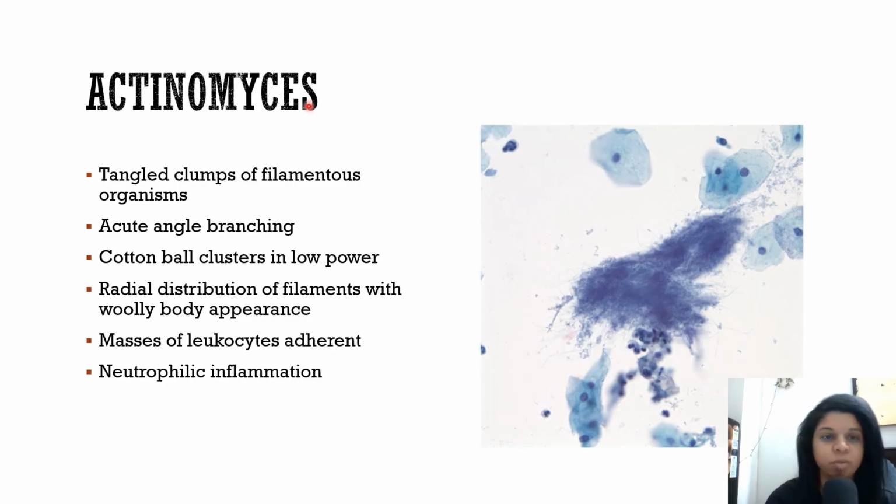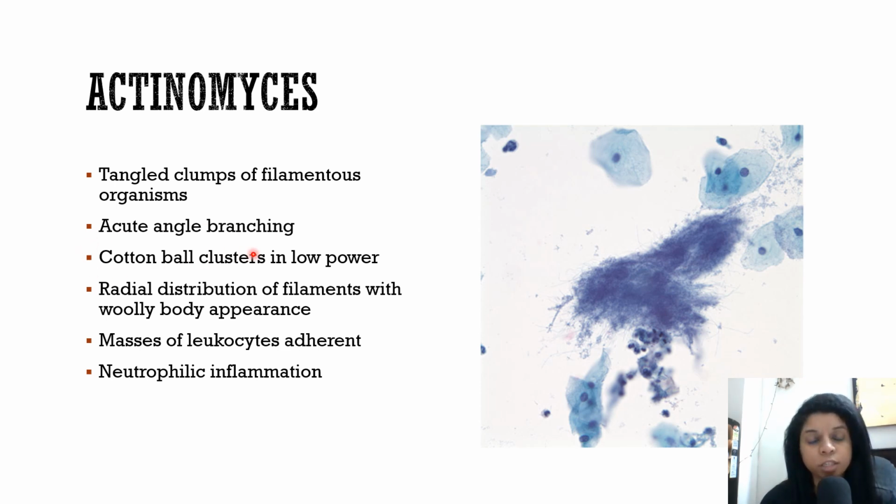It is actinomyces. Actinomyces is very notorious to be associated with IUD, and they have tangled clumps of filamentous organisms with acute angle branching, as you have seen in the tentacles of the spider-like thing.